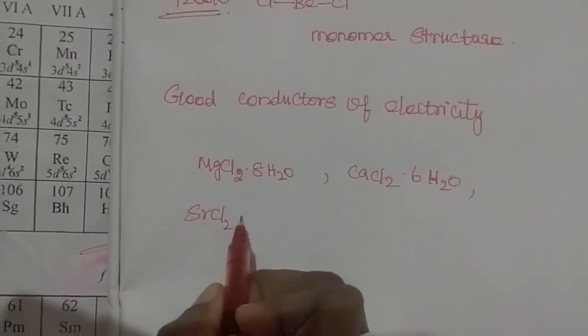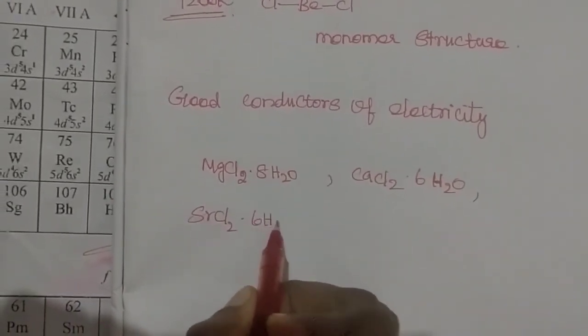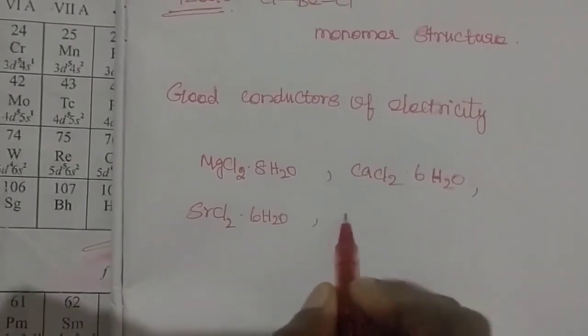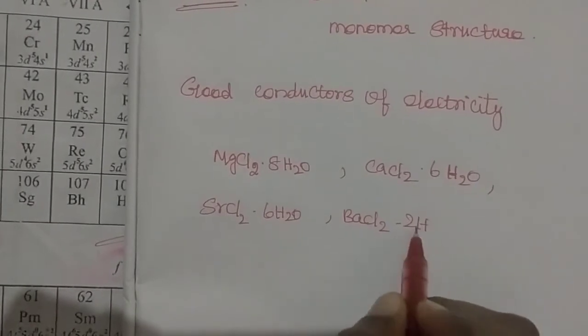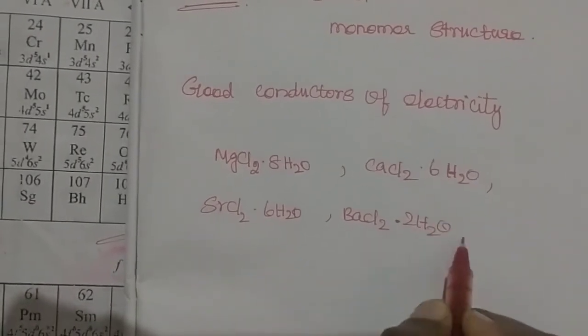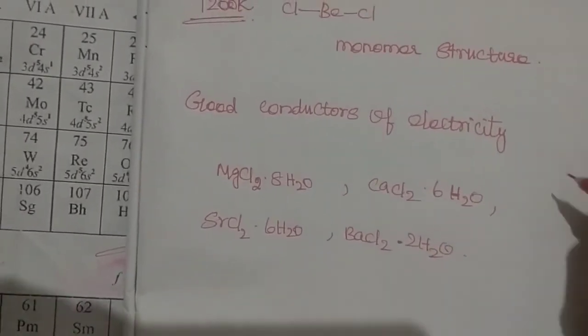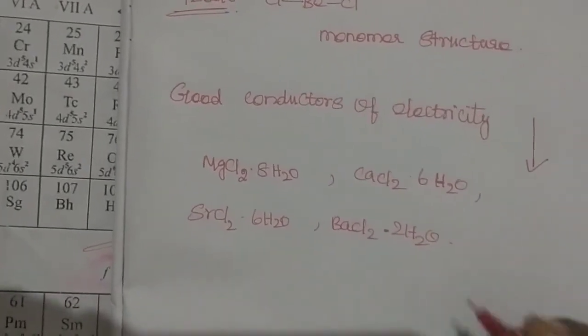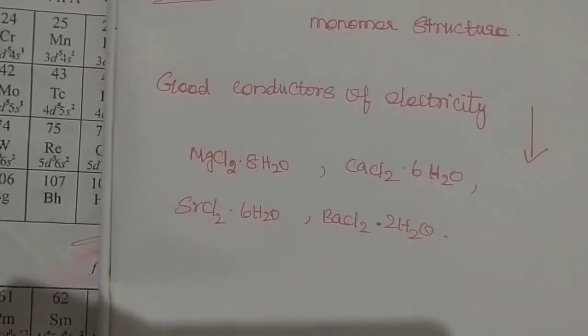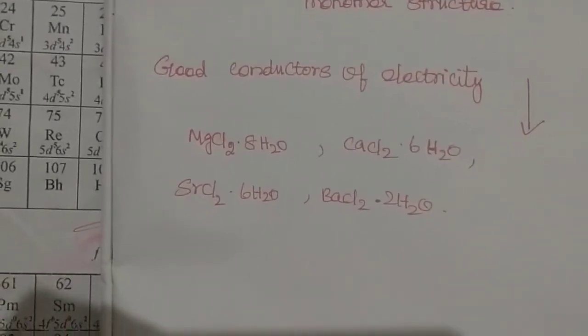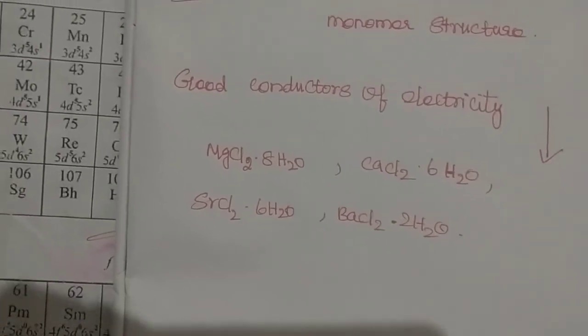Strontium chloride combines with 6 water molecules, and barium chloride combines with only 2 water molecules. So moving down group 2 of the modern periodic table, the tendency to form halide hydrates decreases.